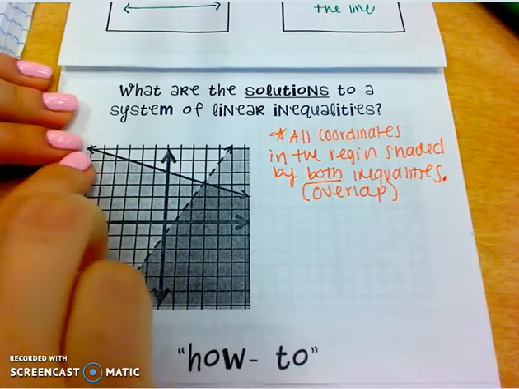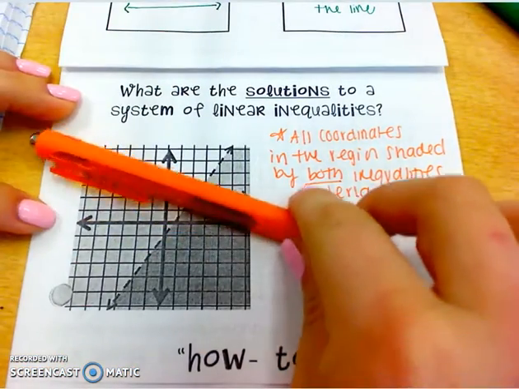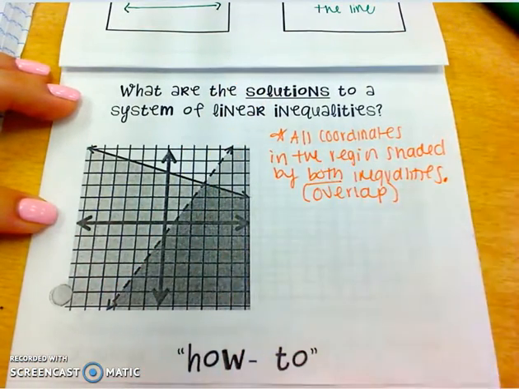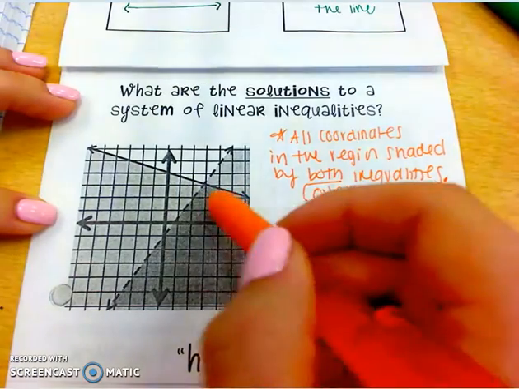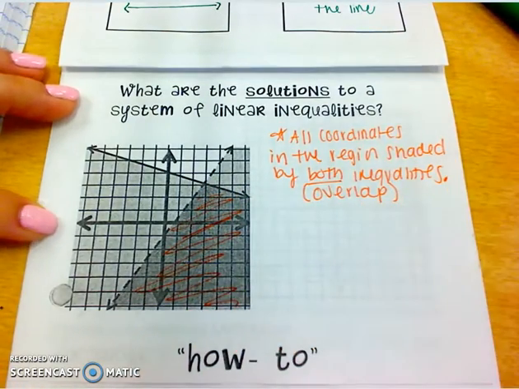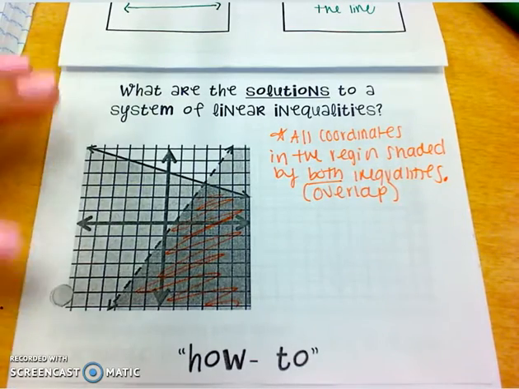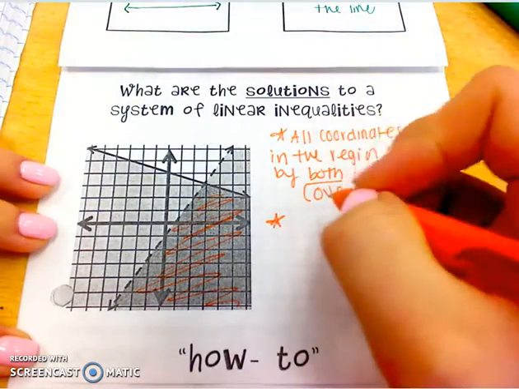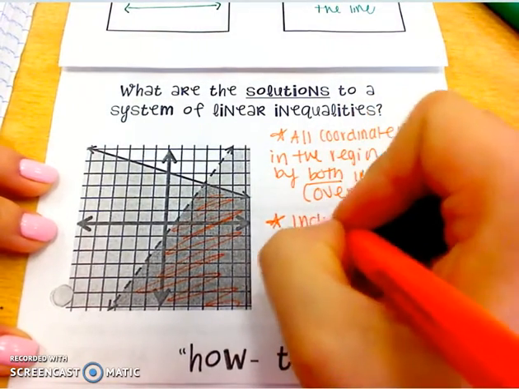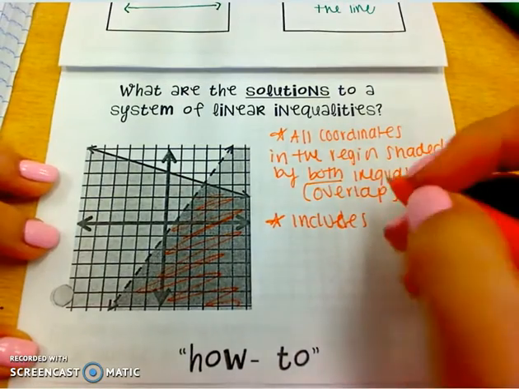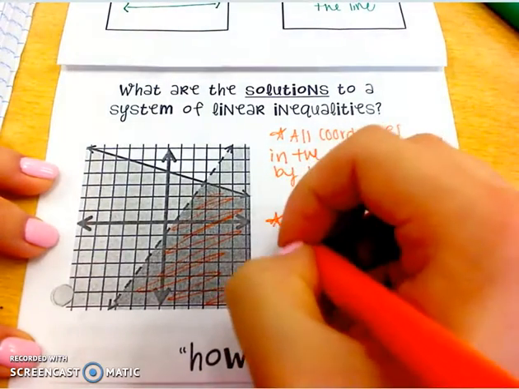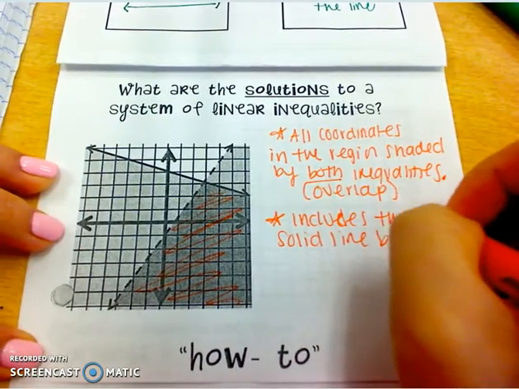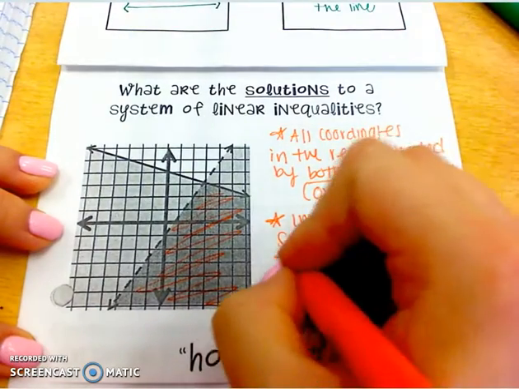So we can see this solid line is all shaded down, and then this dotted line is all shaded down, but the overlapping area is this region in here because it's double shaded essentially. All right, and then we also need to remember that our solutions include the solid line bordering the double shaded region.